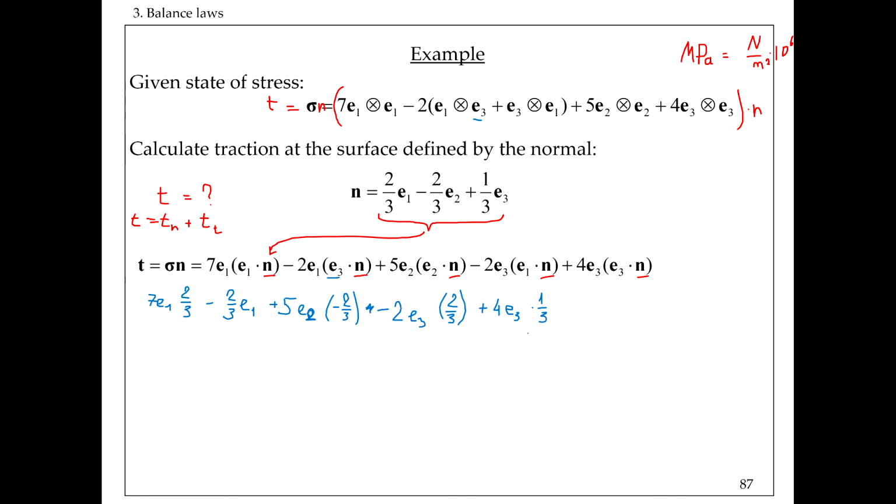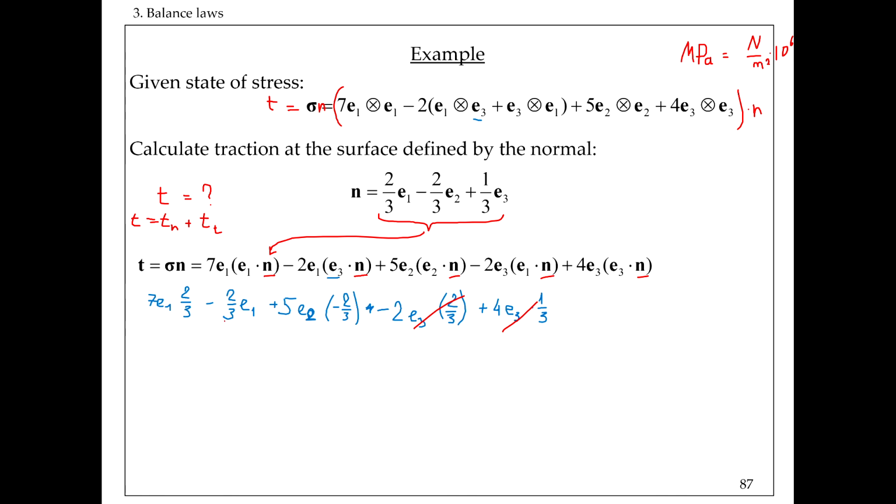All right, we can now do the very quick summation. We immediately see that there is 4/3 e3 with minus sign and 4/3 of e3 with plus, so we get rid of that.